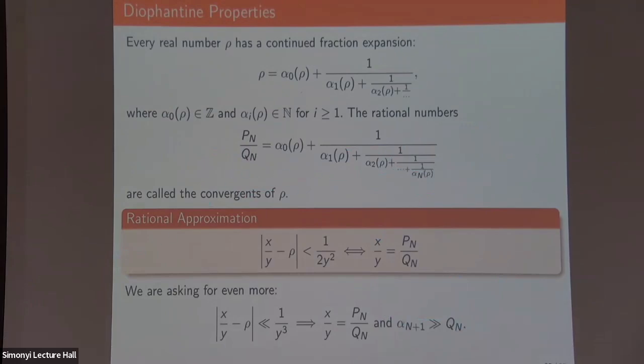And this denominator grows at least exponentially. This is a very large number. So we very rarely have cubic approximation, is the point of this. Even in the case of the Fibonacci numbers, so the golden ratio, which is the slowest growing continued fraction expansion, it's still exponential. So these numbers are very, very big, very, very fast.